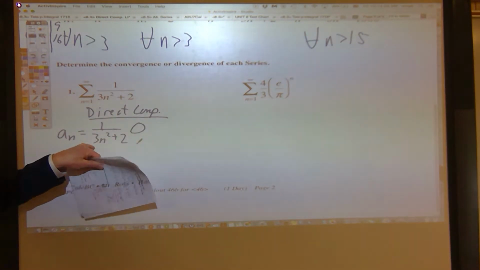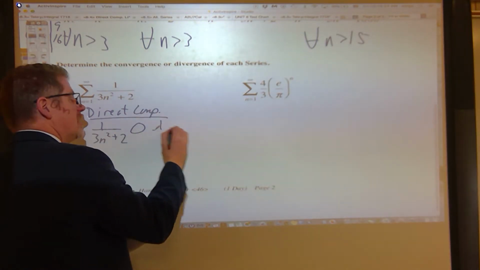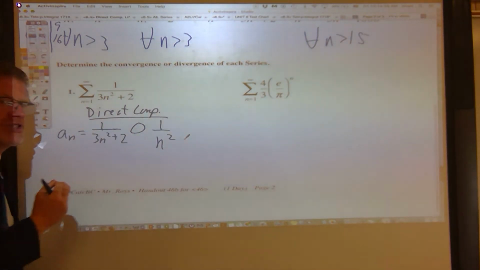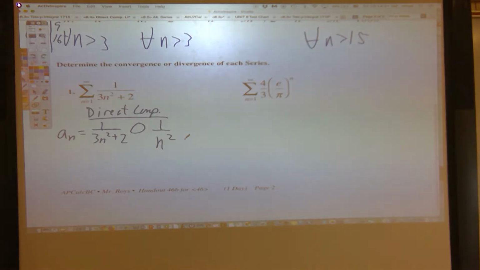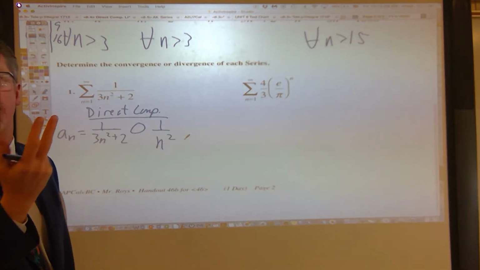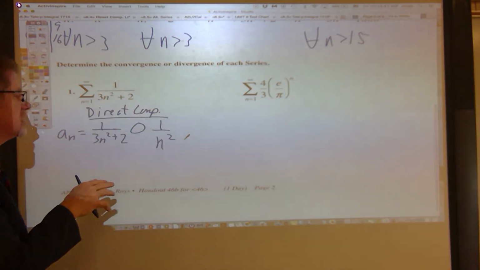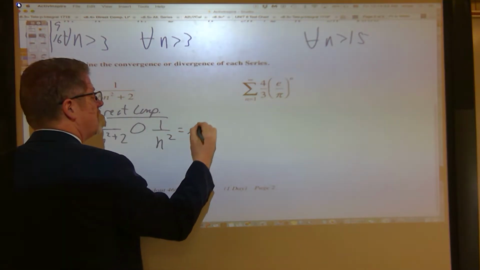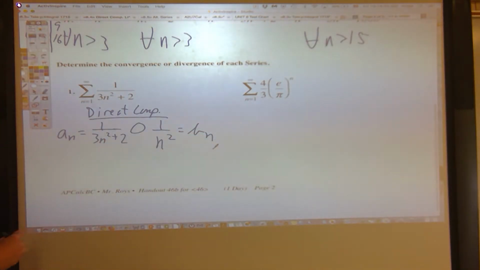So instead of 1 over 3n squared plus 2, just make it 1 over n squared. Pick something that's simple to determine whether it's convergent or divergent. It's often a p-series, because we know what p-series do, or often the harmonic series. So just compare it to this. That will be our pick-it-out-of-thin-air b sub n function.